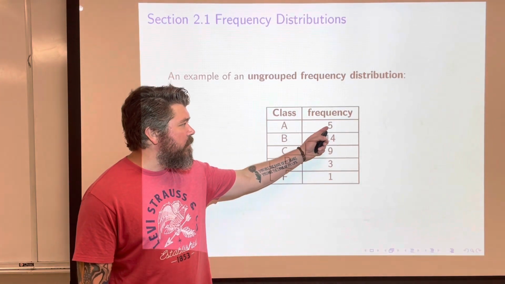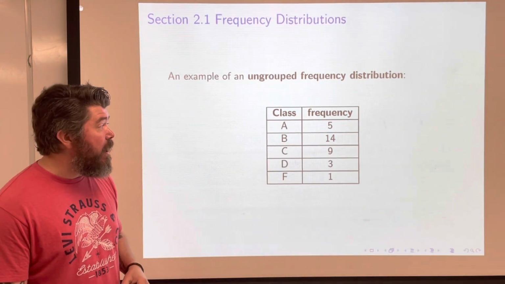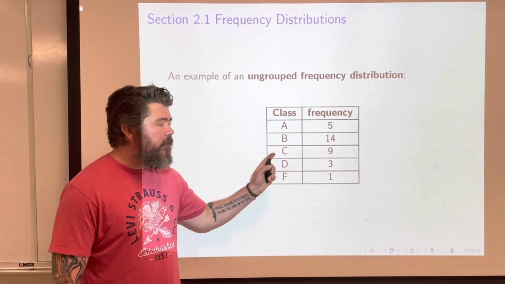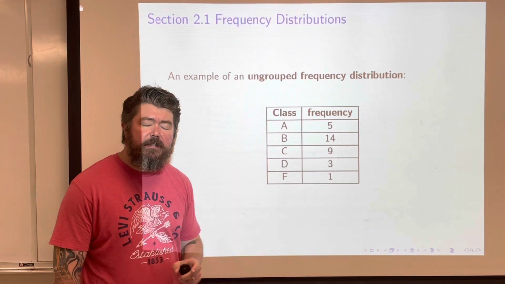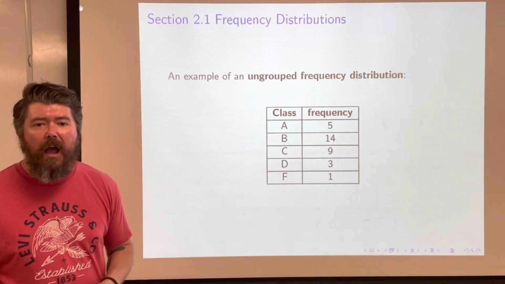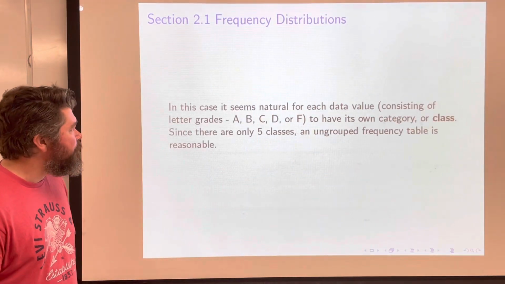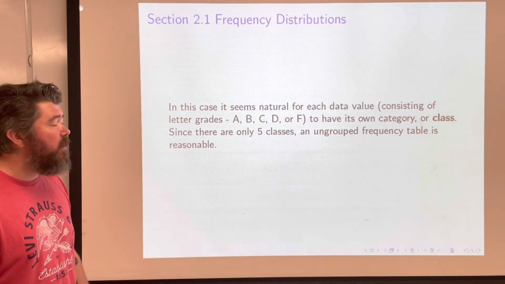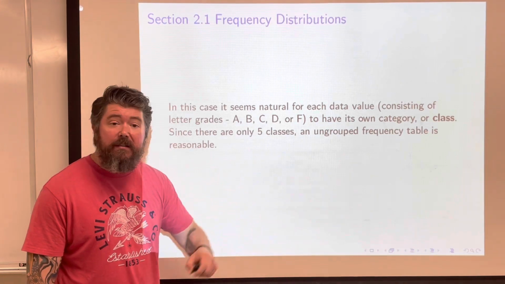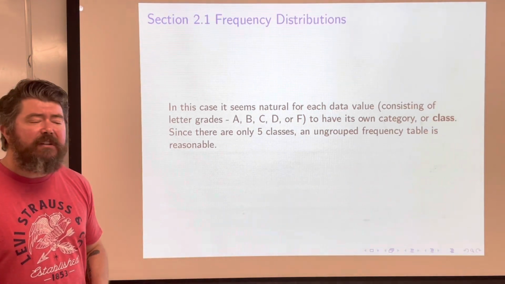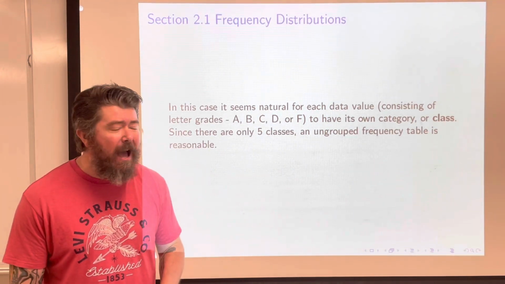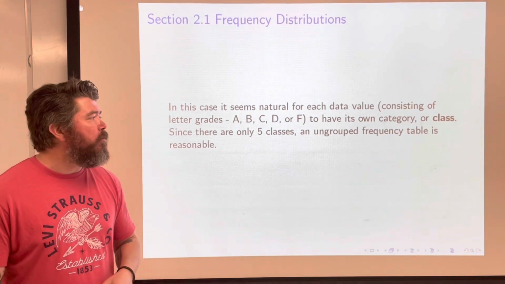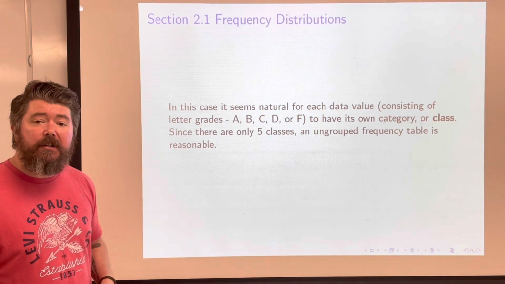Notice that this tells us 5 students have received an A, 14 have received a B, 9 have received a C, 3 have received a D, and 1 student has received an F. In this case, it seems natural for each data value consisting of letter grades, A, B, C, D, or F, to have its own category, or what we call a class. Since there are only 5 classes, an ungrouped frequency table is reasonable.